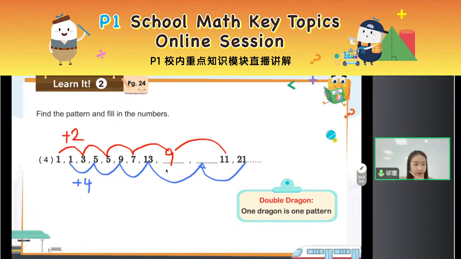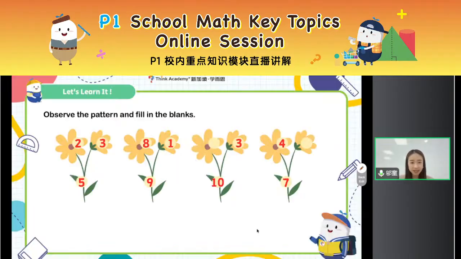Plus 4, plus 4, plus 4, plus 4, right? What is 13 plus 4? Is this 13 again? No, right? How many is it? Should be 17. And you can check that 17 plus 4 gets you to 21 in the end. Yes, it's 17.